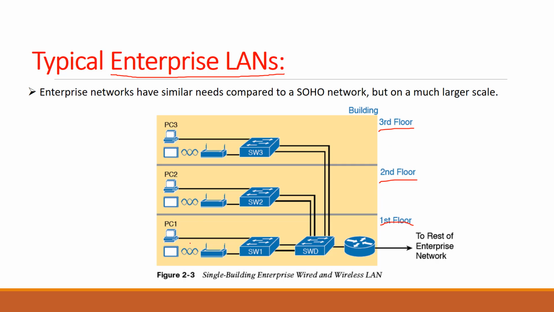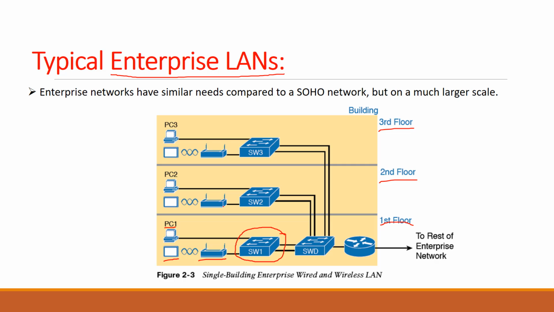The first floor has an Ethernet switch that's connected to the hosts PC1 and tablet 1 through the access point, and each floor has the same Ethernet switch and an access point and some nodes connected to the Ethernet LAN.